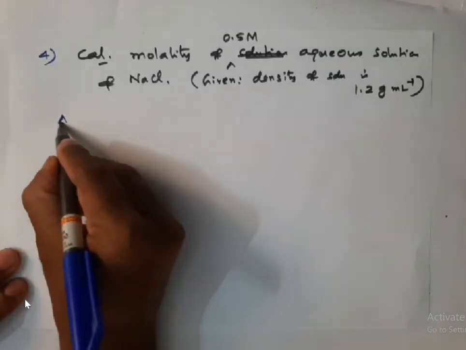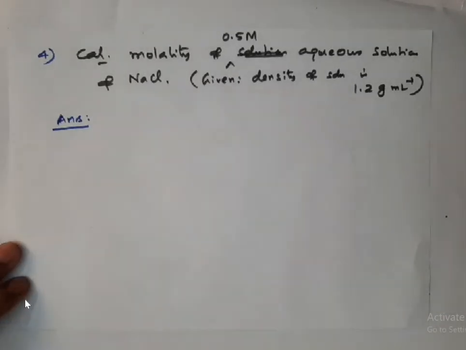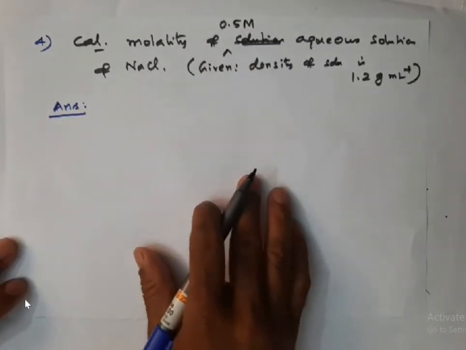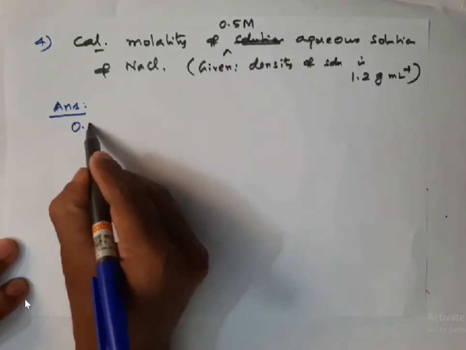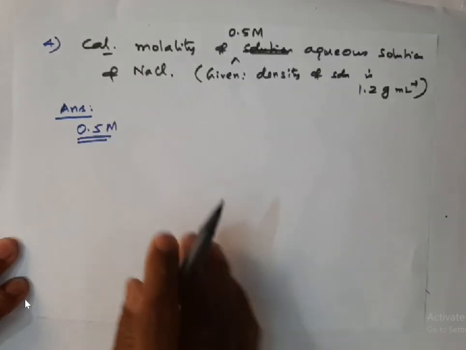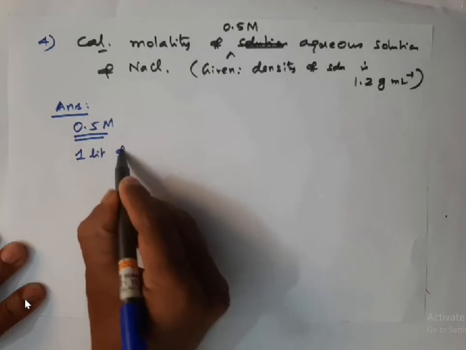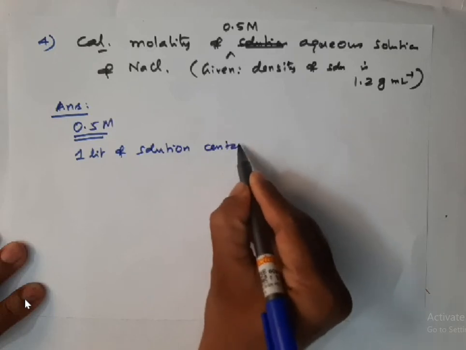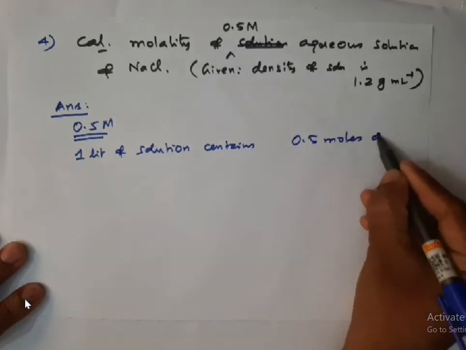Okay, how to proceed? You can use the direct formula actually. Direct formula also you can use, or you can do it by the statement manner. Say for example 0.5 molarity. What's the meaning, students? 1 liter of solution contains 0.5 moles of sodium chloride.